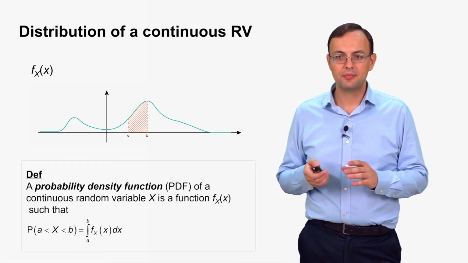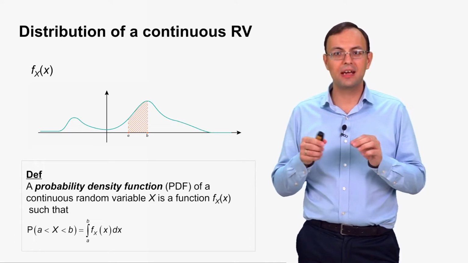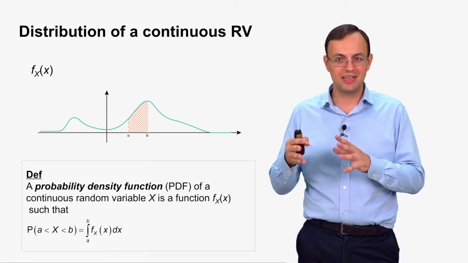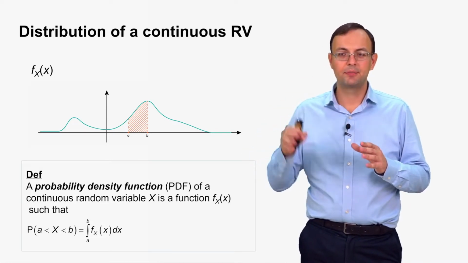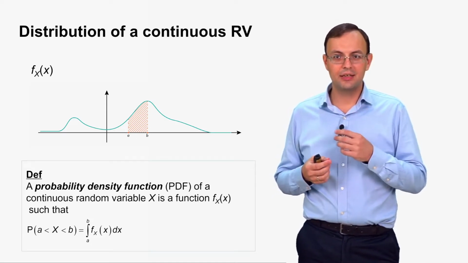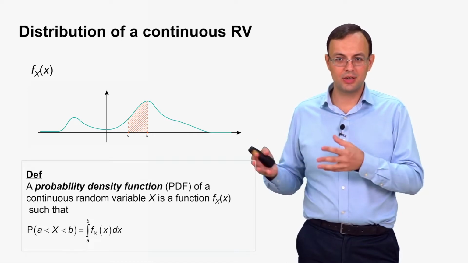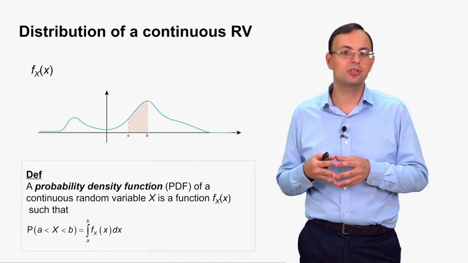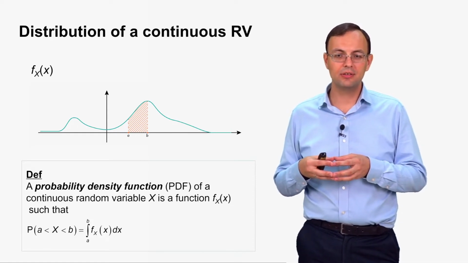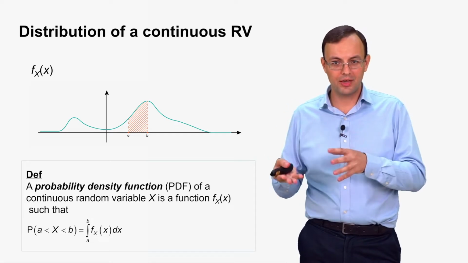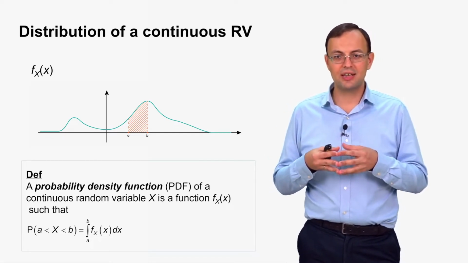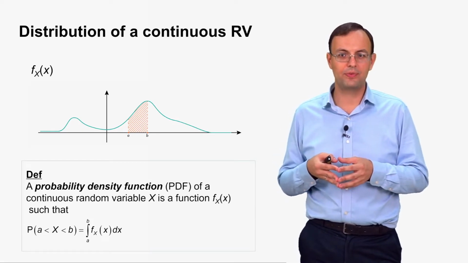This value is equal to the area between the plot of the PDF and the x-axis. From calculus we know that this area is an integral. So this area is equal to an integral from A to B of our function. And this can be used as a mathematical definition of the PDF.